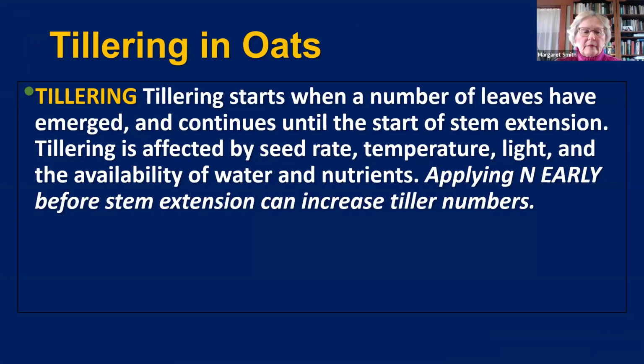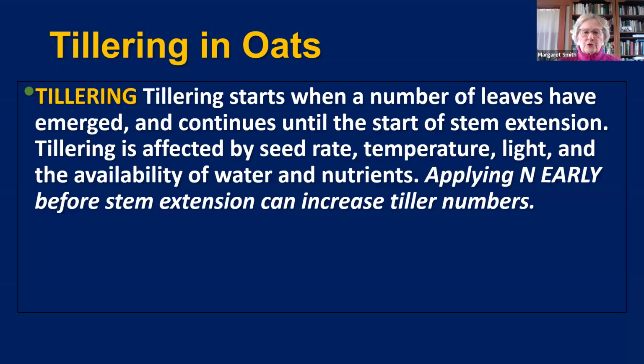So tillering is key, and it's not always a long period. You've got a little longer the earlier you plant, because you've got a little longer before the long days start affecting the reproductive stages of growth. But tillering is affected by seed rate, by temperature, by light, and the availability of water and nutrients.